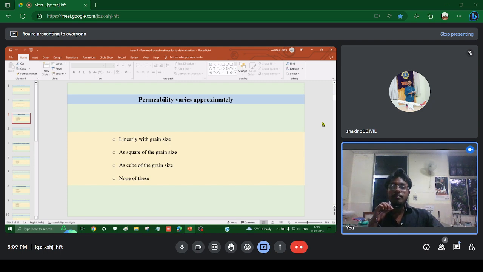Permeability varies approximately. The options are linearly with grain size, as square of the grain size, as cube of the grain size, or none of these.